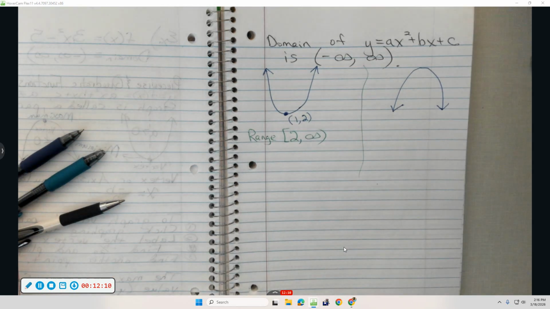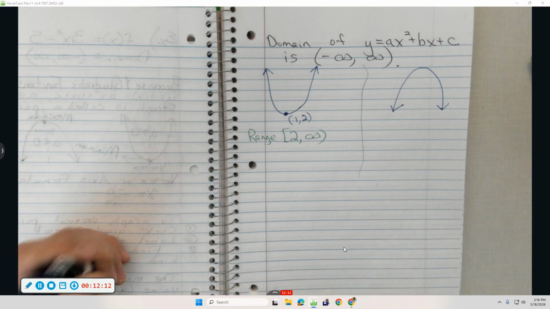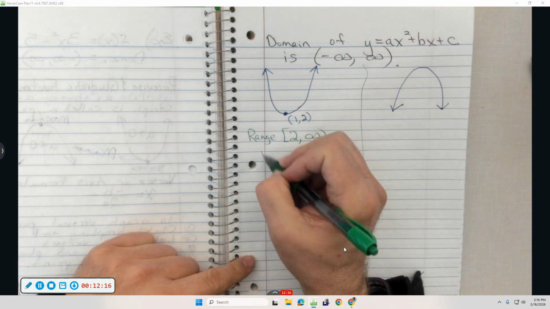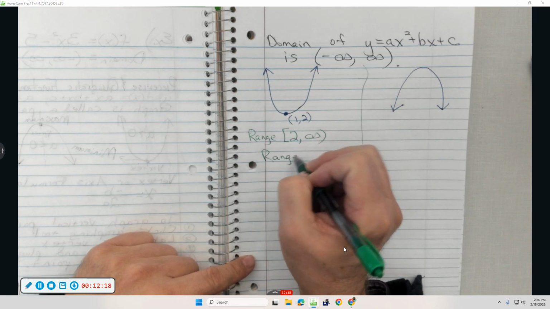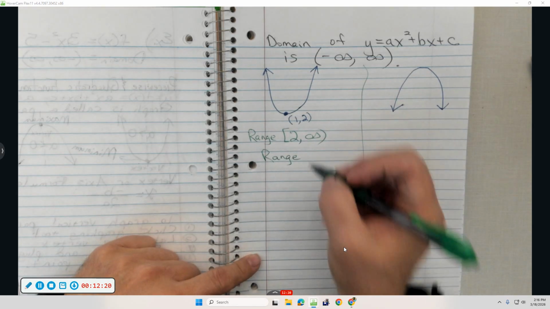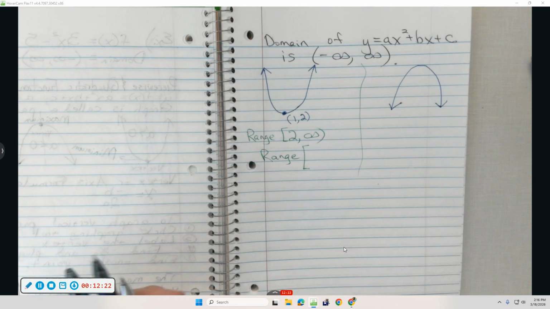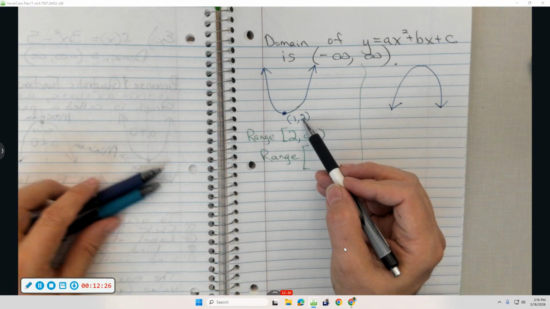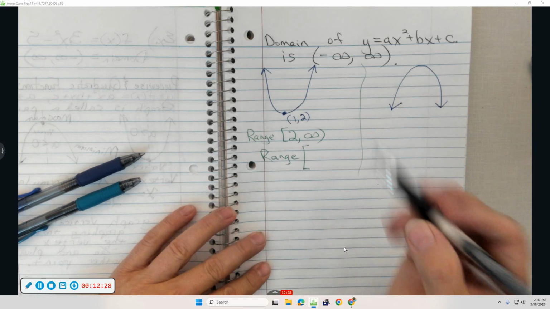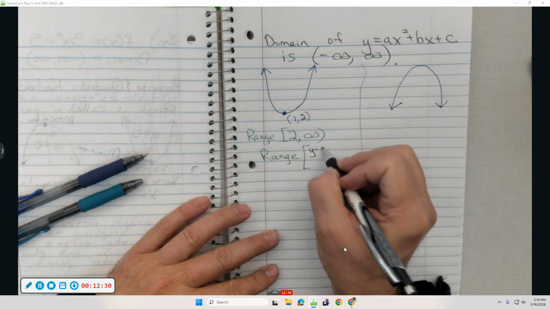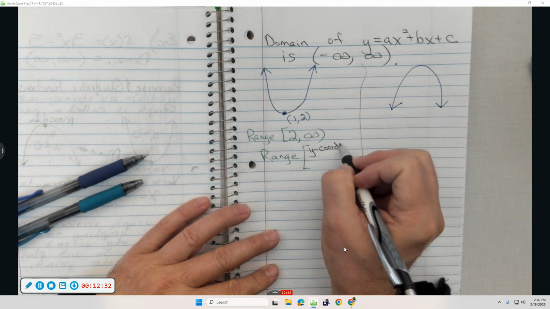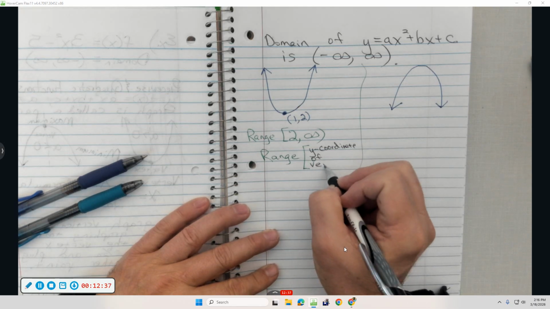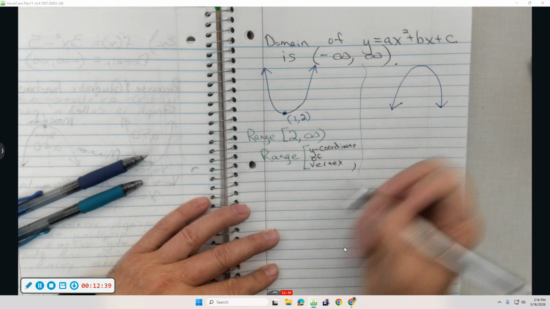In general, if a parabola is opening upward, the range will have a bracket, then the y-coordinate of the vertex, whatever that is, comma.